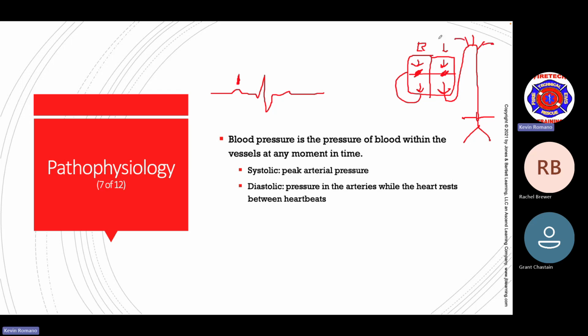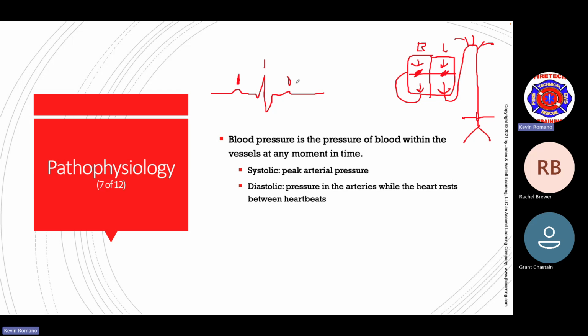So knowing how the heart functions, remember: QRS complex, ventricular depolarization, pushing blood out. Underneath all of this, your atria is repolarizing, which means it's filling back up again. Then your T wave is ventricular repolarization. Think of it as squeeze, top, bottom, top, bottom.